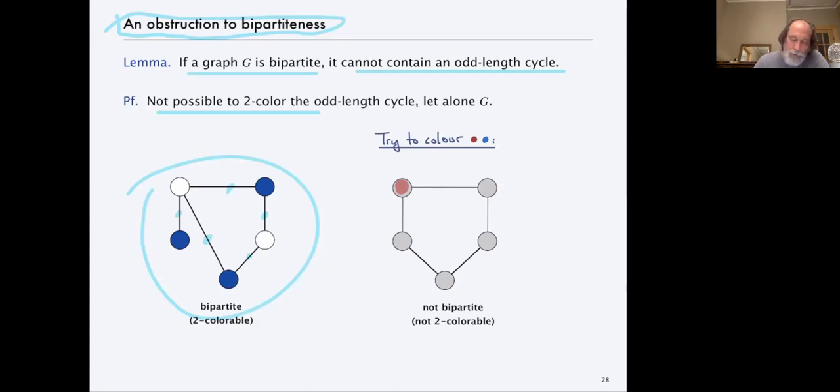Then the neighbors, and there's exactly two neighbors because it's a cycle, have to be blue. And what about their neighbors? Well, each of their neighbors also has to be red. And what do we find? Well, we have an edge with two red ends.